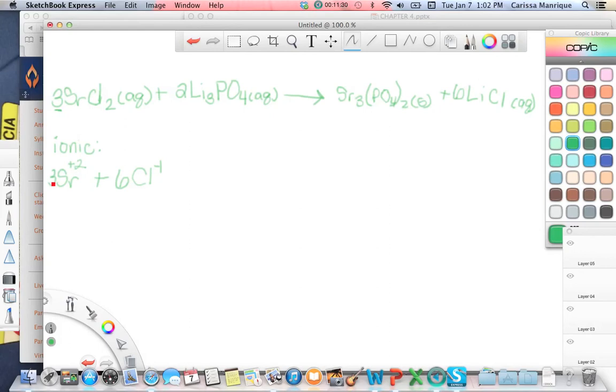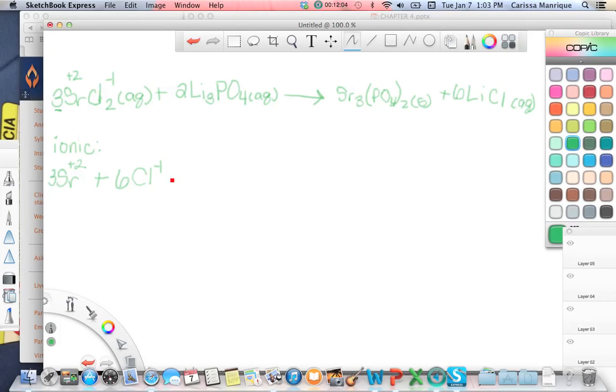I have 3 of them, so 3 times 2 is 6. So this is a +2. Or if you want to, you could just switch the coefficients. Do you see that there's a 1 coefficient here, so up here that would mean chlorine would be a -1, and this is a 2, so that would be a +2. Just by switching the subscripts over.